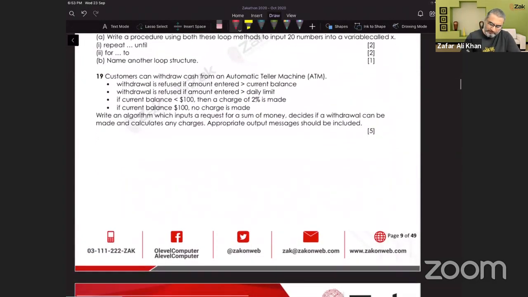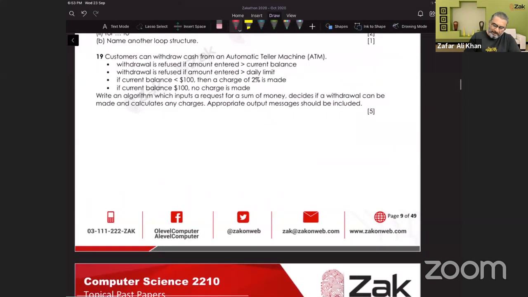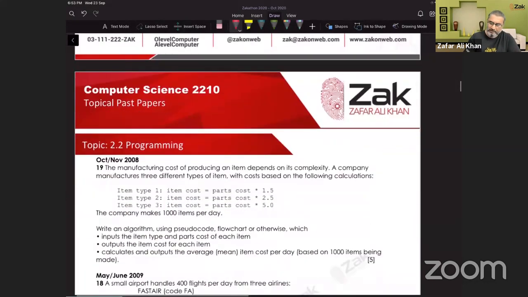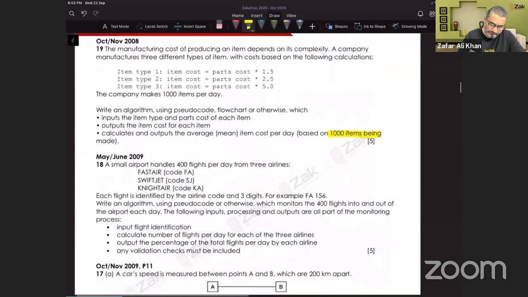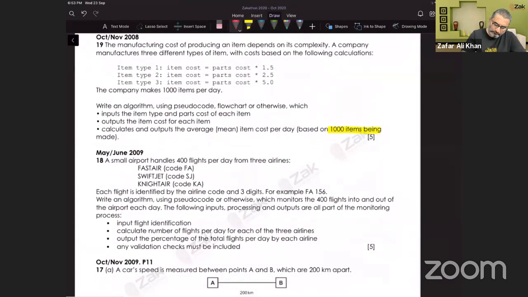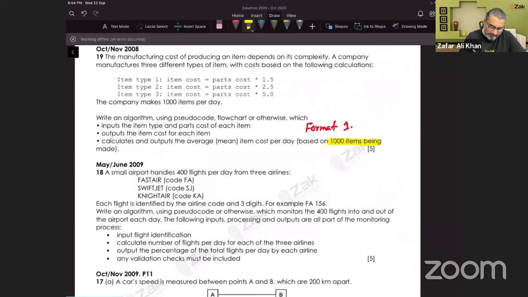So look at this question. Based on 1,000 items being made. So this is a format 1 question. Then we have a small airport that handles 400 flights.